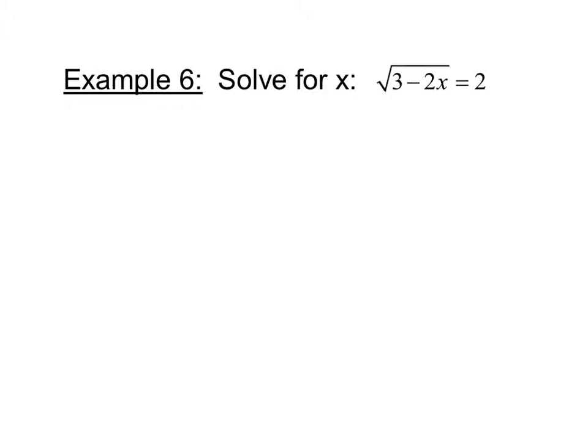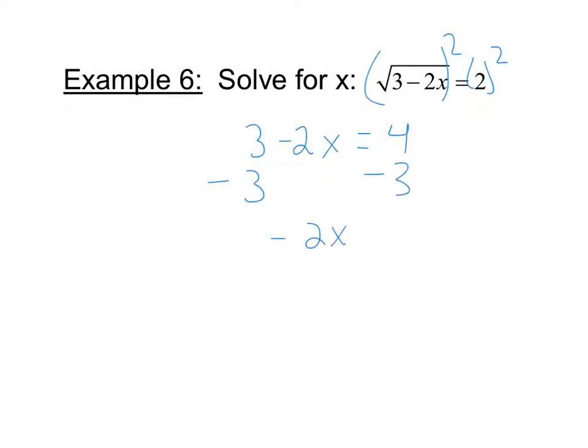Okay? Let's take a look at another example here. So again, we're going to square both sides. So you have 3 minus 2x equals 4. Subtract 3. Negative 2x equals 1. Divide by negative 2. X equals negative 1/2.